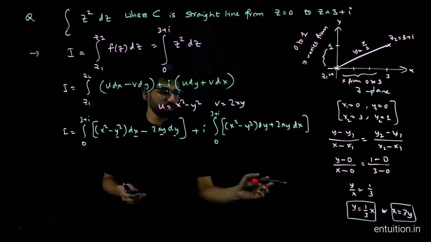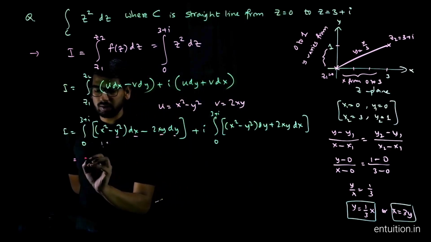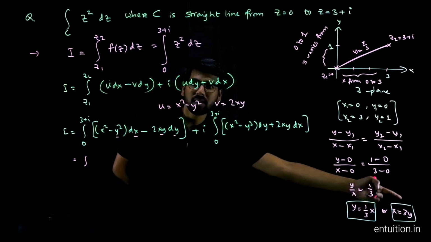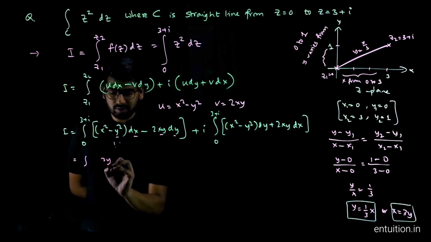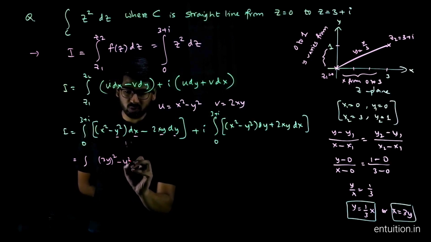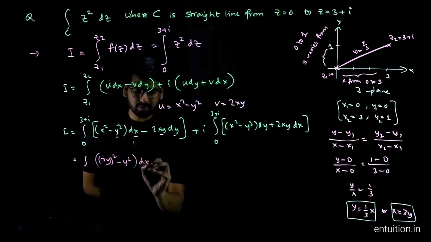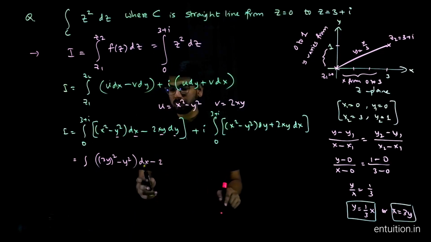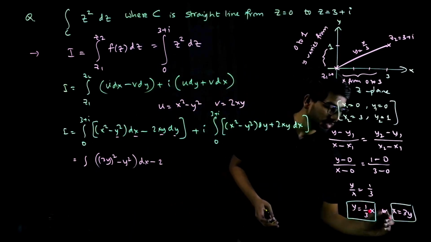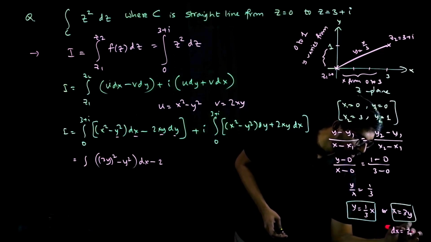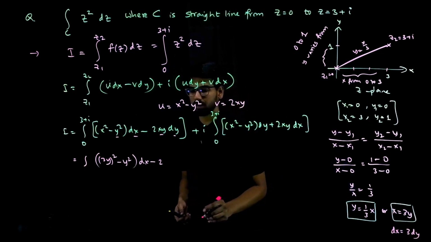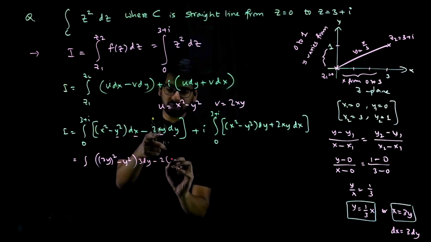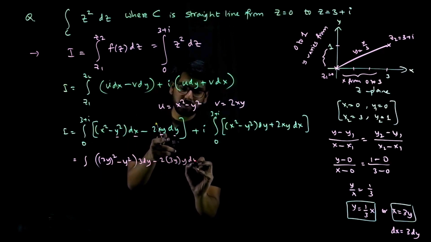If I substitute x equal to 3y, what will I get? Here x square is nothing but (3y) square now. So (3y) square minus y square times dx, minus 2. We have to also replace dx. If x equal to 3y, then dx is equal to 3 times dy. So dx is nothing but 3 dy, minus 2 times 3y dy.